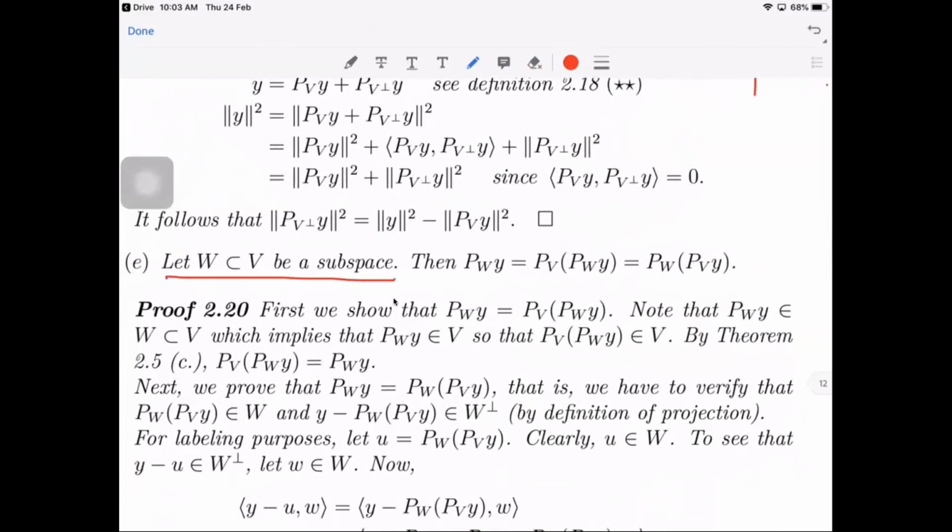Next. We have a subset of the subspace V, which is W. W is a subset. And this equality is true.